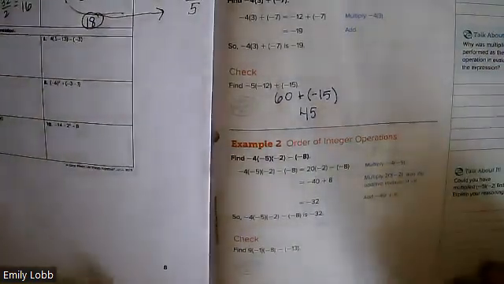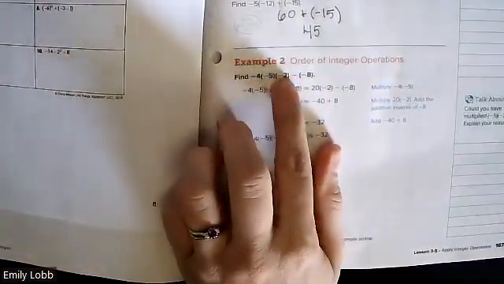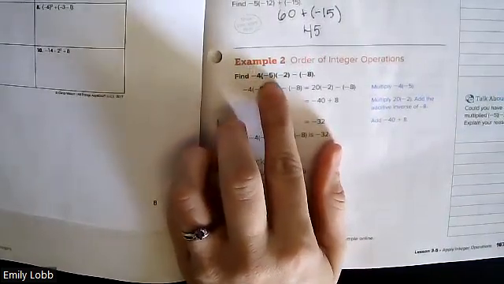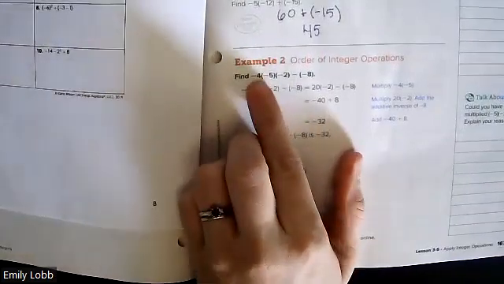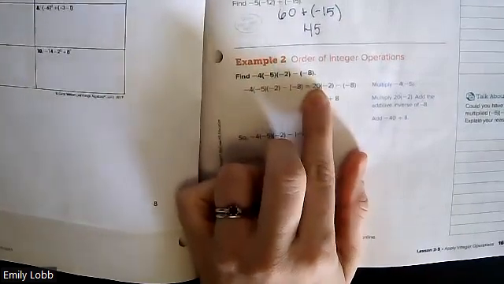Example 2. They have three factors being multiplied. -4 times -5 times -2. So first of all, what's -4 times -5? 20.